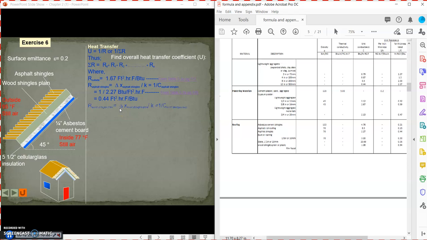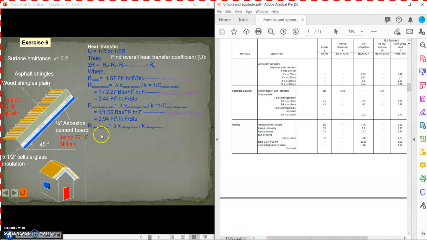Next, the wood shingle plane here is 1.06. So 1 over C, 1 over 1.06, and we got 0.94.